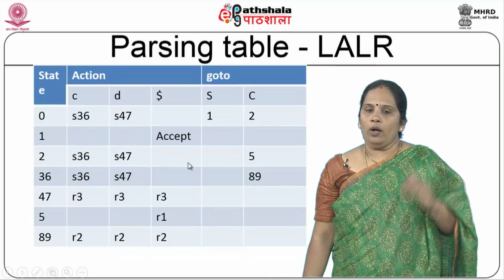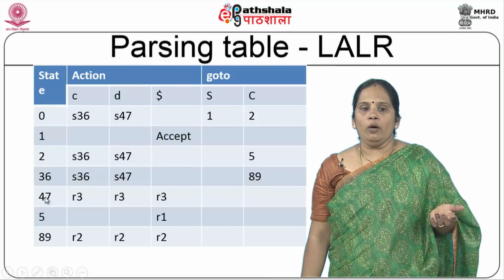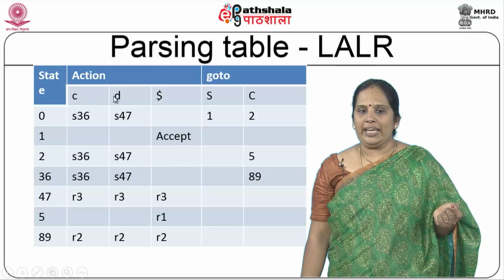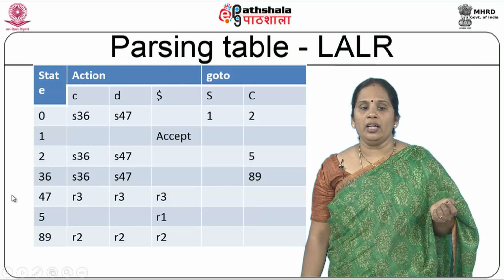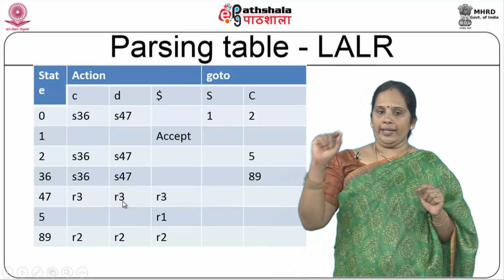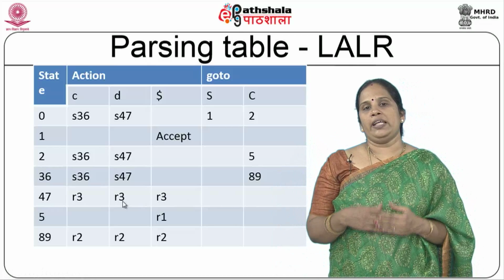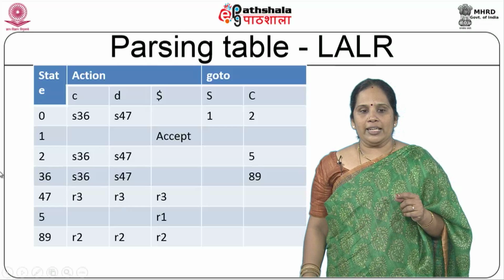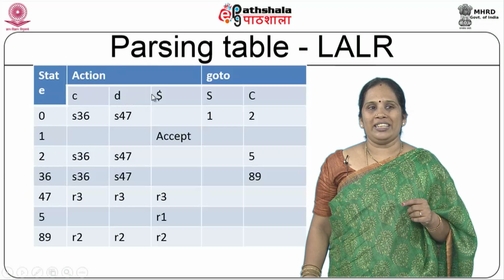Now, the accept action is the same, there is no problem. Now, 47 on C, D, dollar, because I have combined them together. This is one state which has a dot at the end, where I will reduce by the third production, C produces D dot, at the intersection of this against C, this against D, and this against dollar.